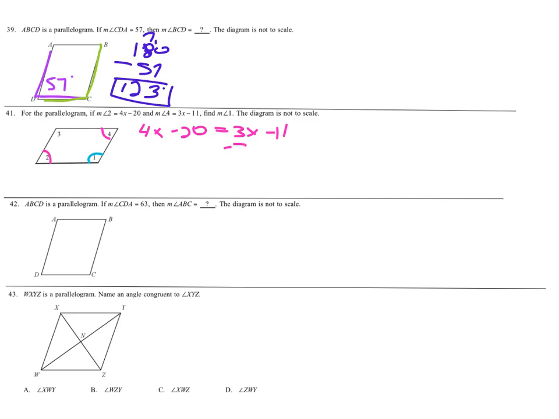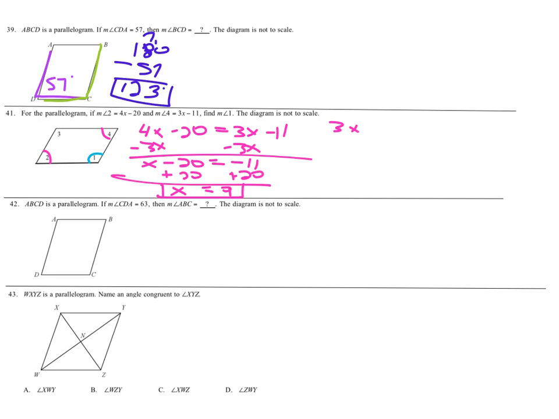So let's solve this first. Let's say minus 3x, x minus 20 equals negative 11, and then plus 20 and plus 20 gives us x equals 9. Okay, now that we know that x is 9, we can plug it into either one of the expressions.